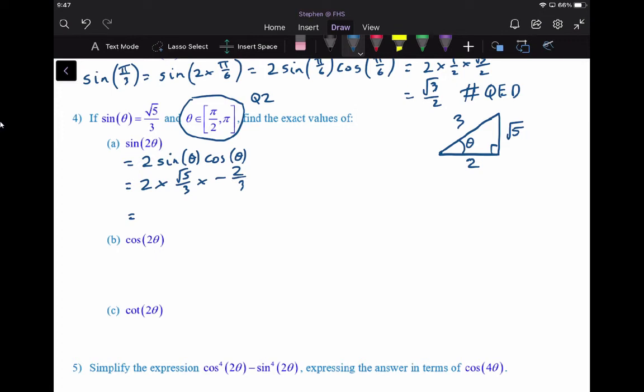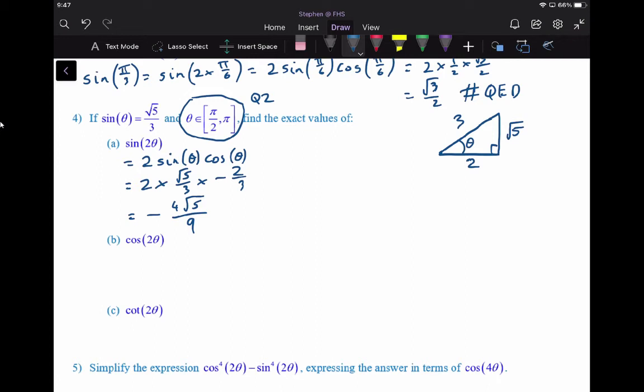So multiplying all that out together, we get 2 times root 5 times negative 2, that's negative 4 root 5 all over 9. And there we go. That is sine 2 theta. Again, we have no idea what theta is, nor does it matter. All that we need to worry about is that we know what sine and cos of theta are, and therefore we can use that to find the values of sine 2 theta and so on and so forth.